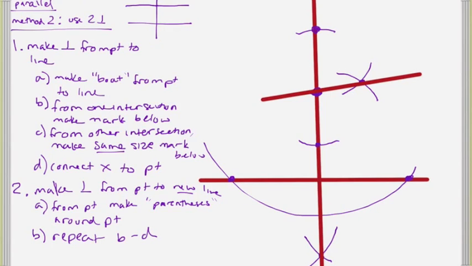If I make a couple sets of perpendiculars, then I'll get a parallel out of that. I personally think the other way is a little bit cleaner, just because there's less steps involved in it. But it's totally up to you. Sometimes I do one way, sometimes I do the other way, depending on what I'm given in the problem. So do whichever of those two ways you feel more comfortable with when you're asked to make a parallel.